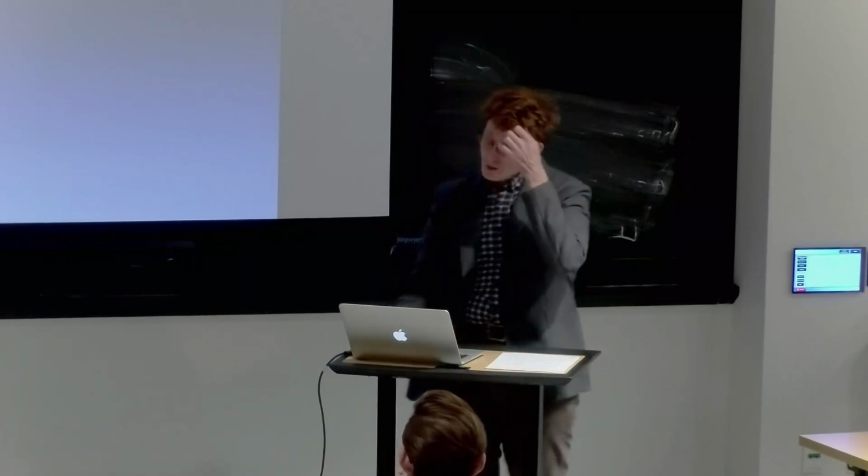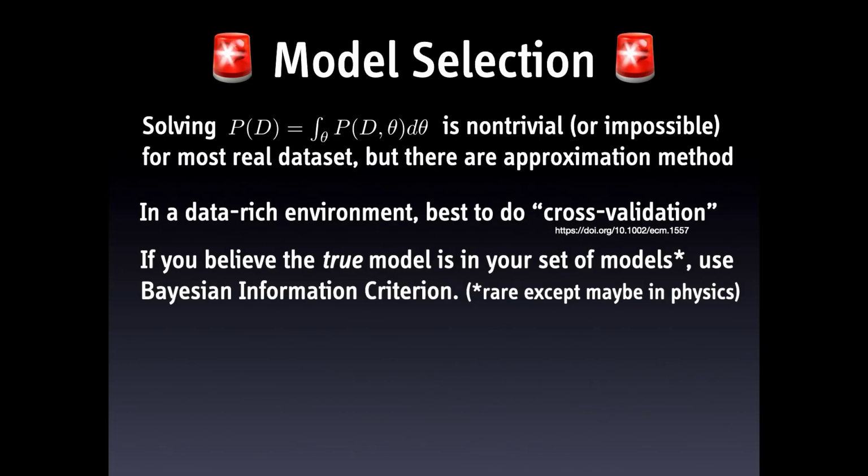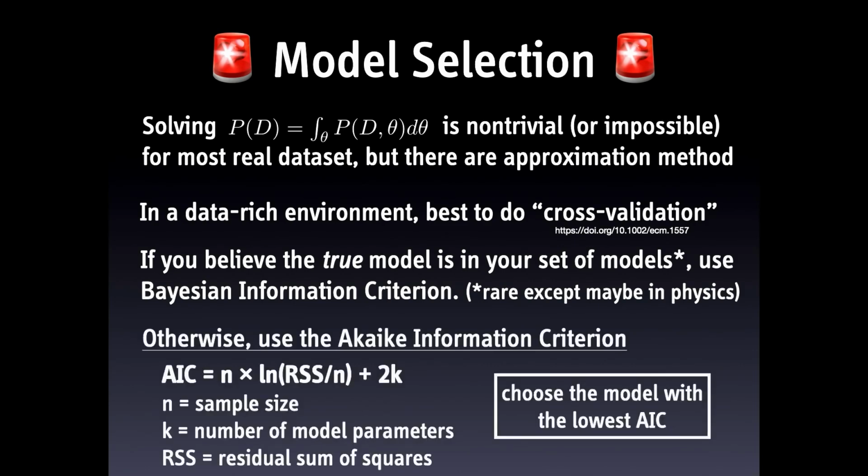And so the other way to do this is that you can use a scoring function. There are two good scoring functions. One is called the Bayesian information criterion, and the other one is the Akaike information criterion.